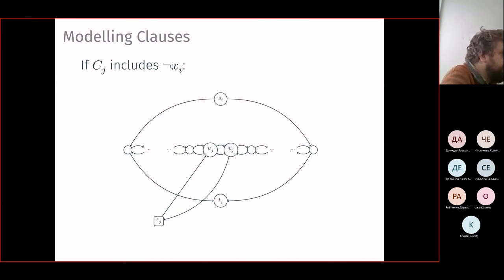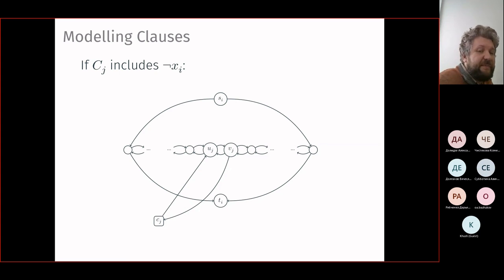Now, if we have a Hamiltonian path in G phi, we need to show that the formula is satisfiable, right? So now we have a path. This path should traverse all the gadgets, right? Also inside we could possibly visit these Cjs.